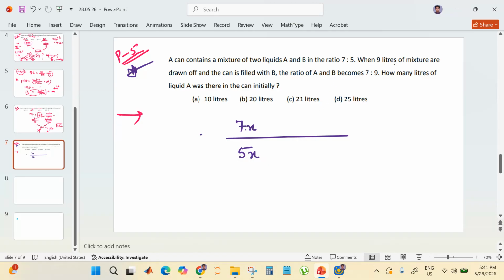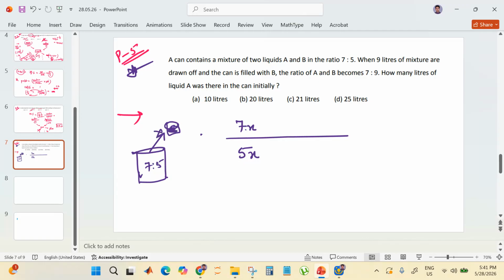And when 9 liters of the mixture are drawn off and the can is filled with B, first think visually. A can contains 7 is to 5 ratio. So you have to first remove some amount of mixture. Suppose this part of the mixture is removed.